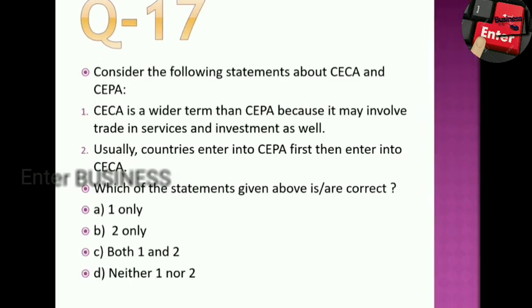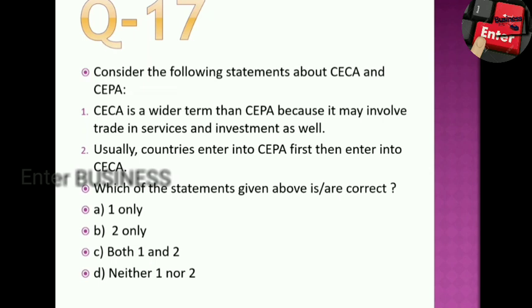Next, consider the following statements about CECA. CECA means Comprehensive Economic Cooperation Agreement, and CEPA, Comprehensive Economic Partnership Agreement. The first statement is CECA is a wider term than CEPA because it may involve trade in services and investment as well.